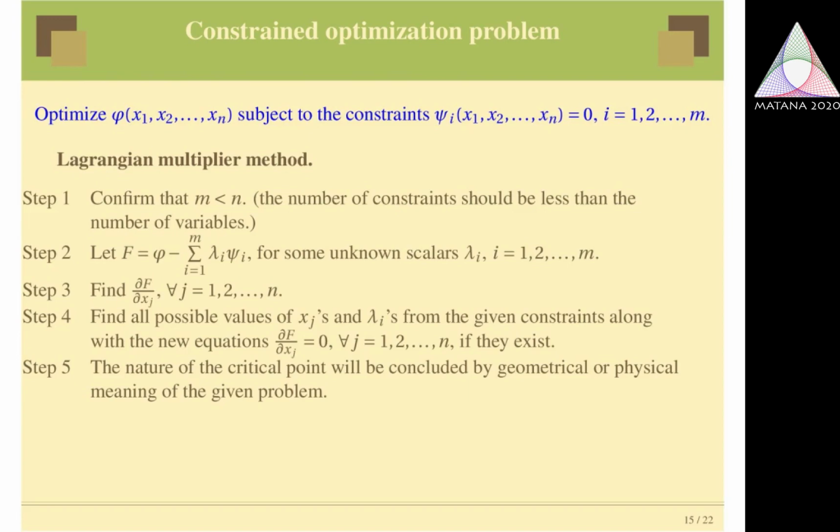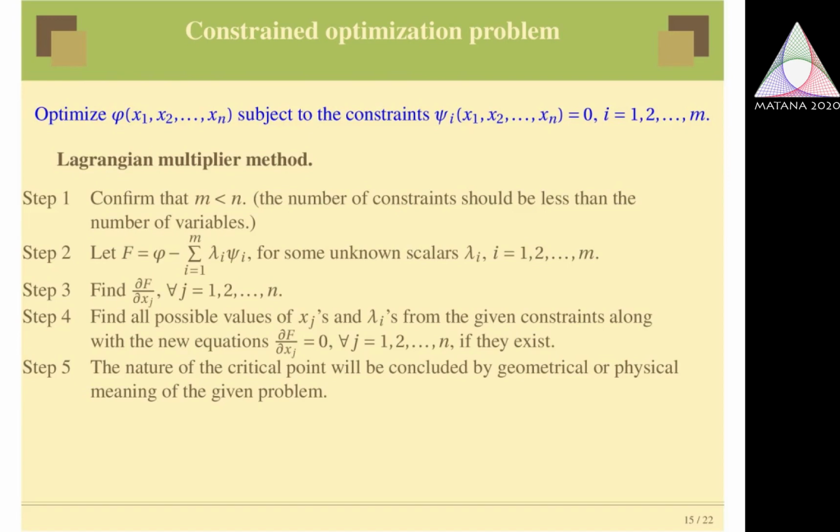First, we have to confirm that the number of constraints should be less than the number of variables. Next, we introduce a function capital F, which is equal to small phi minus sigma lambda_i psi_i, for some unknown scalars lambda_i, i varies from 1 to m. Third, we have to find the partial derivative of capital F with respect to all x_j's.